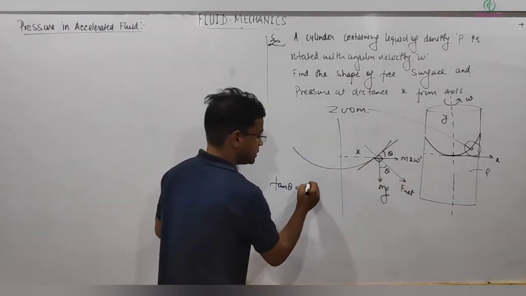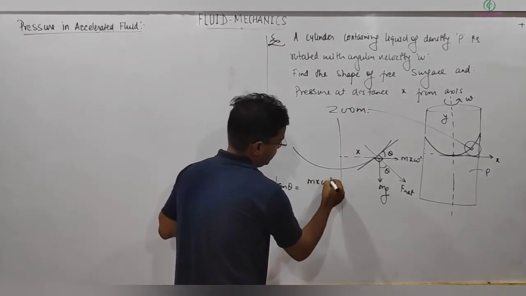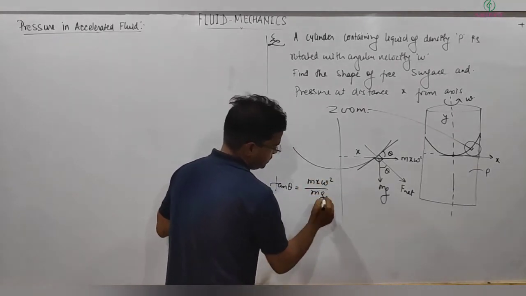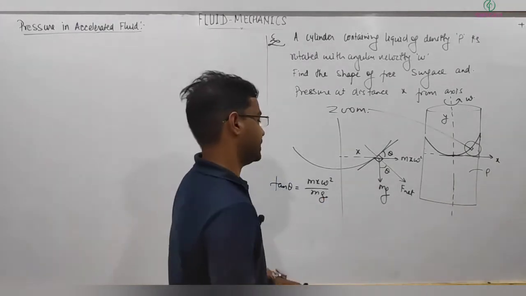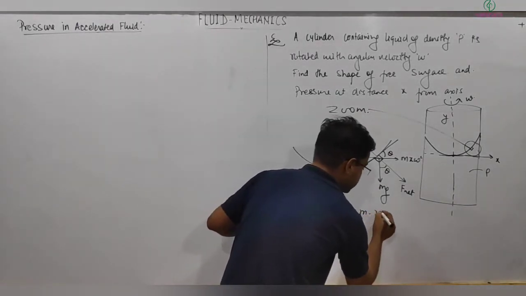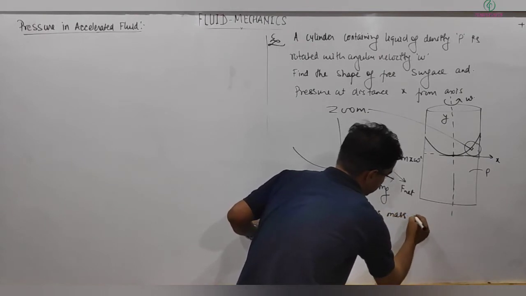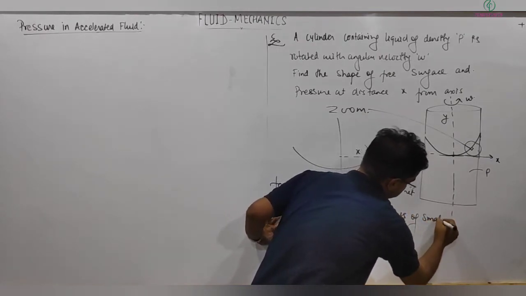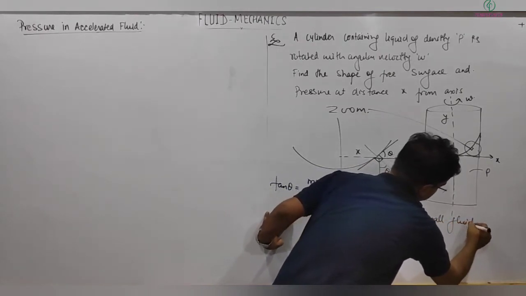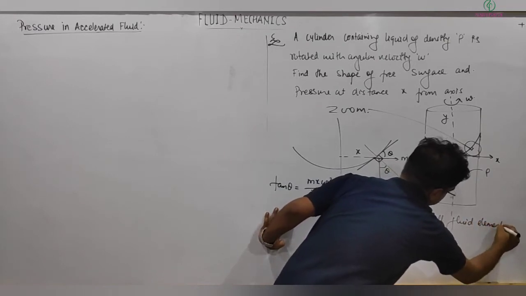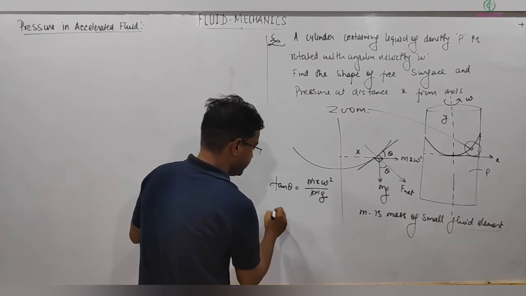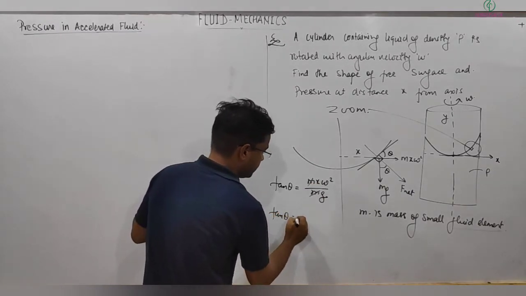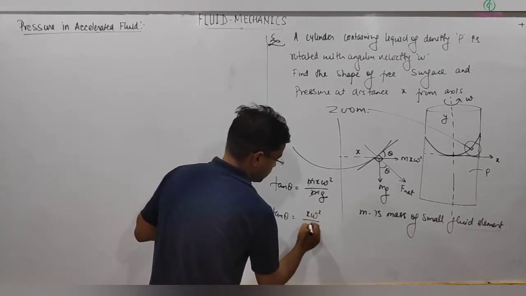So tan theta is equal to m x omega square divided by m into g, where for a small element I am taking its mass equal to m. Simplifying, we get tan theta equals x omega square by g.